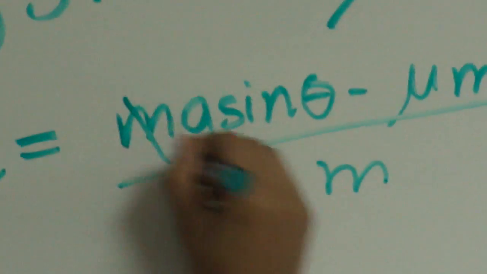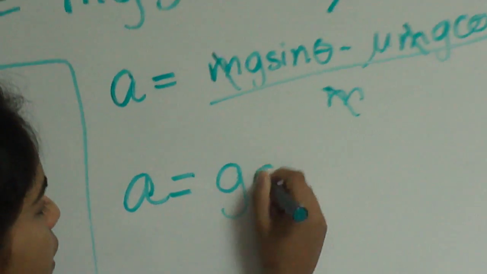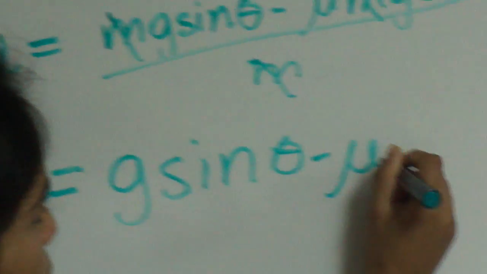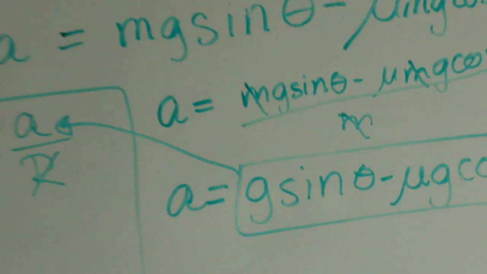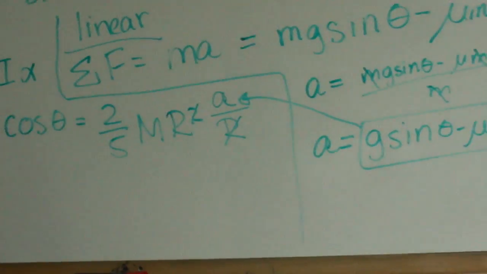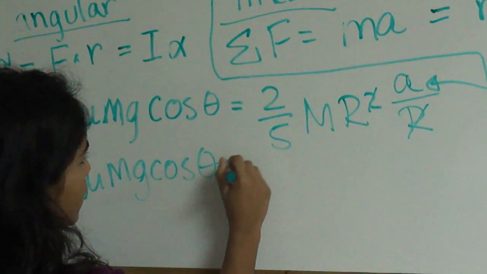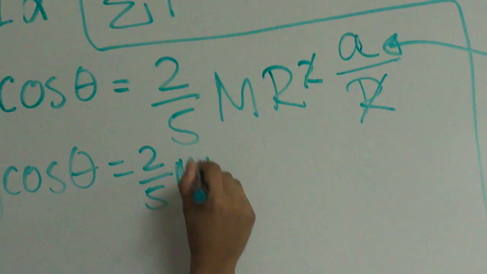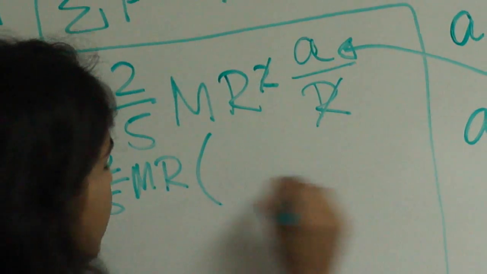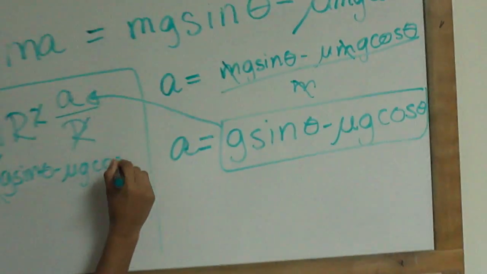And these masses all cancel conveniently, and we're left with a equals g sine theta minus mu g cosine theta. We can take this entire quantity and replace it with a, getting rid of our unknown. We have r mu mg cosine theta equals 2/5 m r multiplied by that, which is g sine theta minus mu g cosine theta.